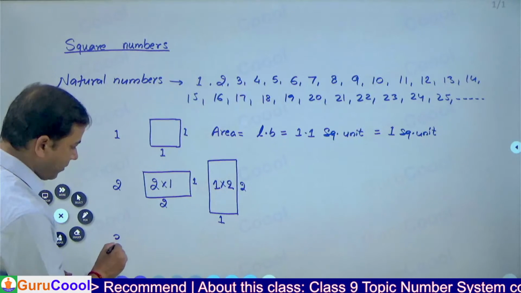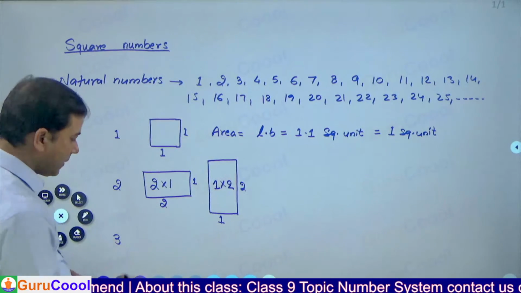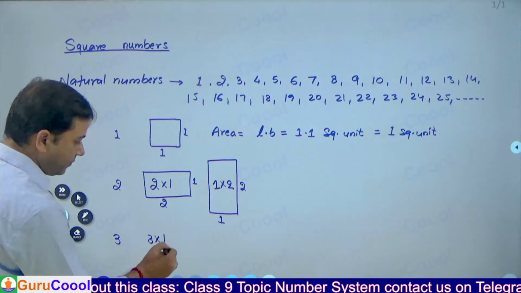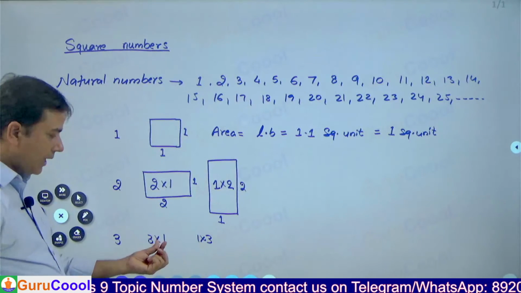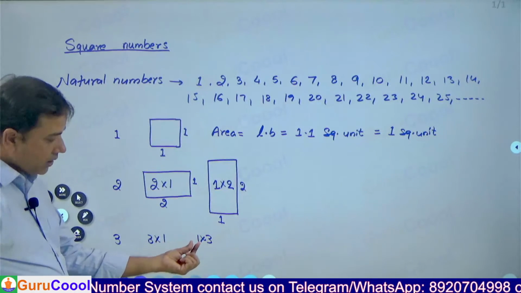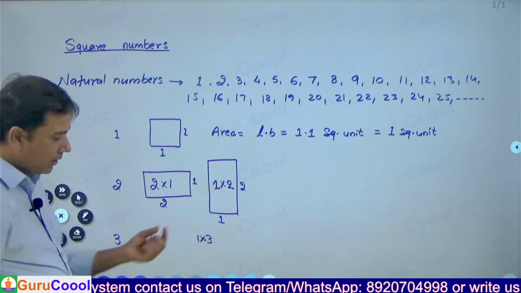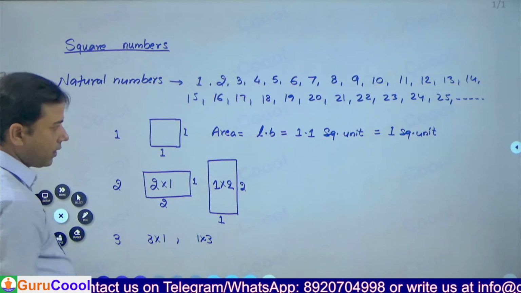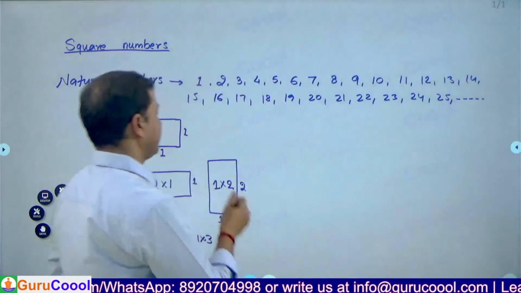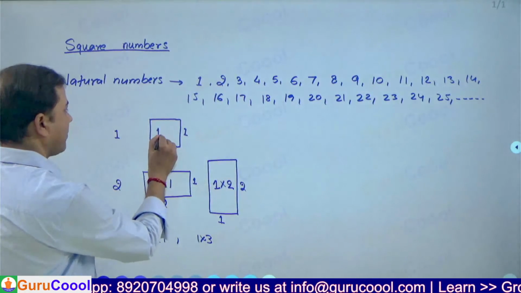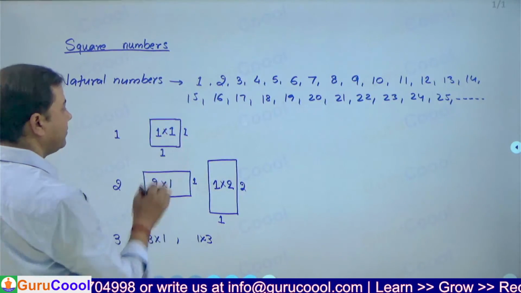Similarly, 3 can be represented in 2 ways: 3 into 1 and 1 into 3. Length 3 units, breadth 1 unit. In the second one, length is 1 unit, breadth is 3 units. Getting the idea? Yes.